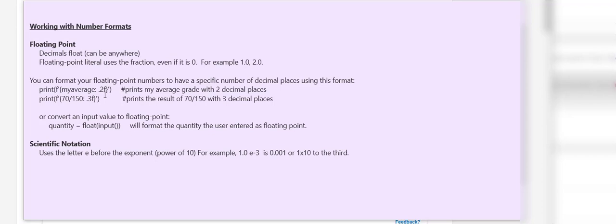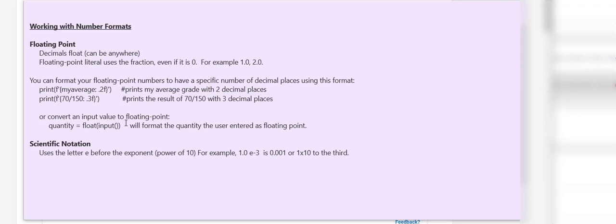So it will give you the average with 2 decimal places. For the formatting, you can also just directly put a calculation here and format it as a floating point with 3 decimal places. So whatever the result of this would be, it would give it a number with 3 decimal places.